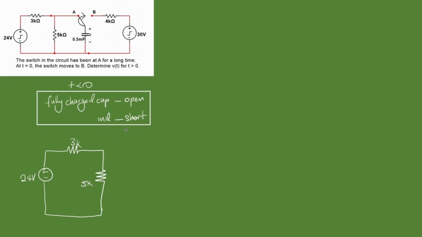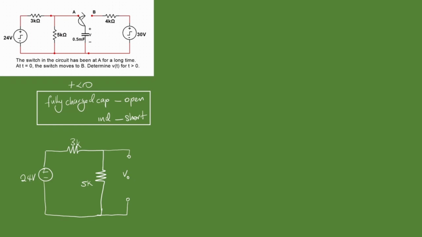Our capacitor is fully charged, meaning it's an open circuit. To show our capacitor is still here, even though it's an open circuit, we're still going to have an open circuit voltage. So let's call this V0, since that's what it's going to be.